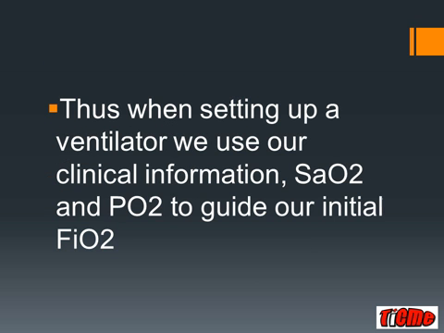So to decide how much initial oxygen to give our patient when we're ventilating them, we need to use our clinical information such as a history of lung disease or the presence of pneumonia, the SATs that the patient currently has before we intubate them, and even the PO2 if we do a blood gas to guide our initial FiO2.